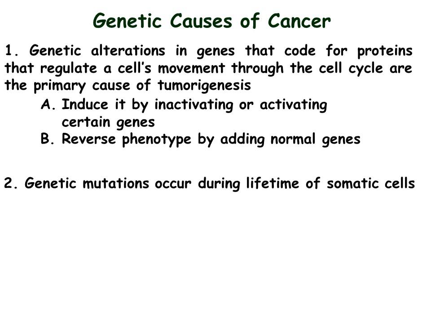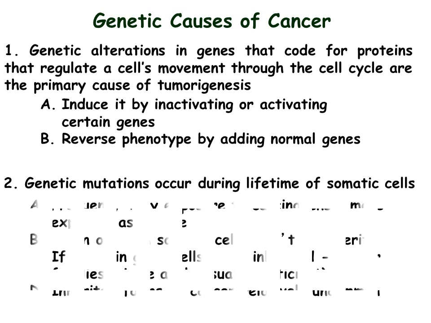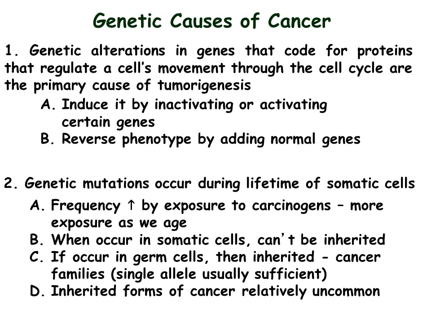So, as I've already mentioned, genetic mutations occur during the lifetime of somatic cells. If you have too much sun exposure, many different things can lead to spontaneous mutation. And because we're exposed throughout life, if you don't want to have a risk of cancer, then you don't want to be born. That's just the way it is.